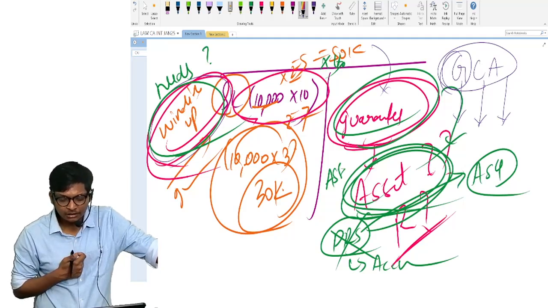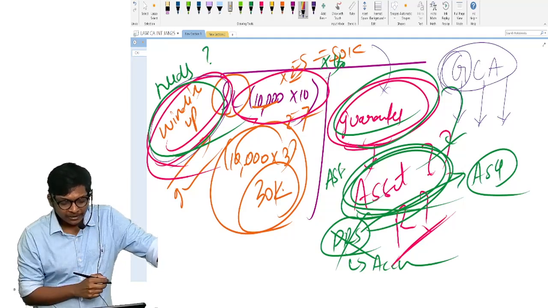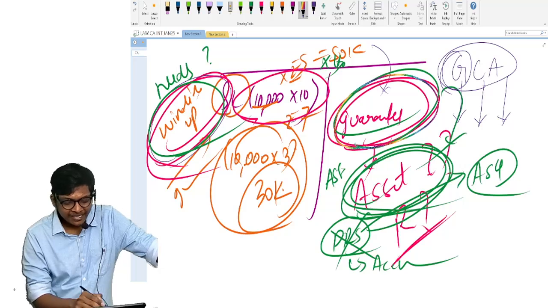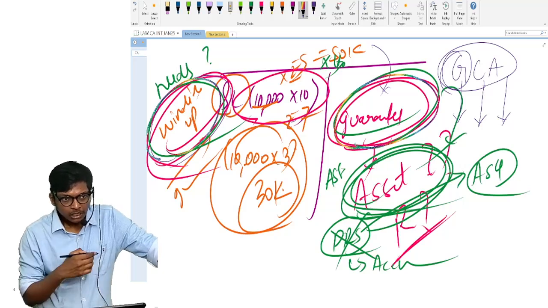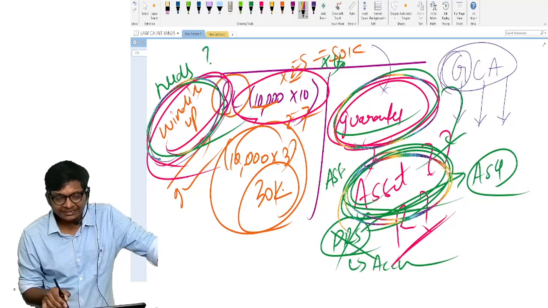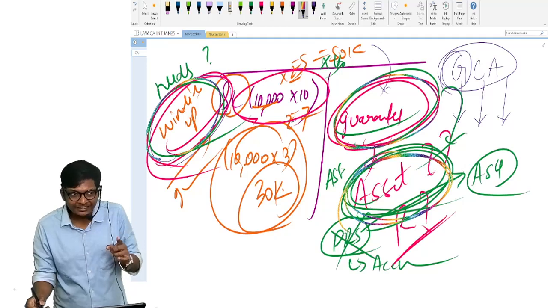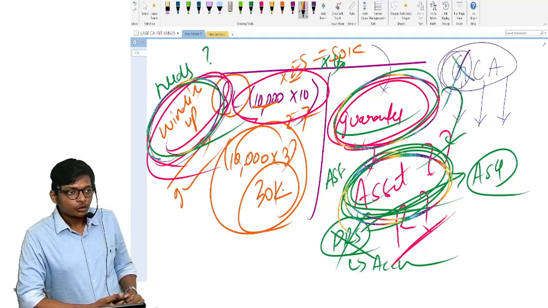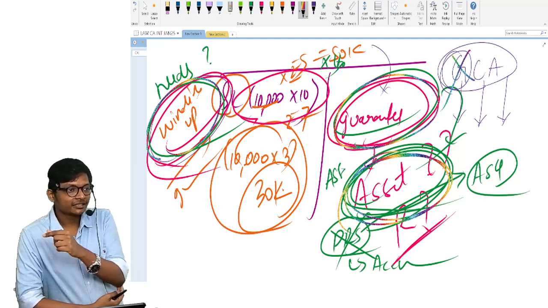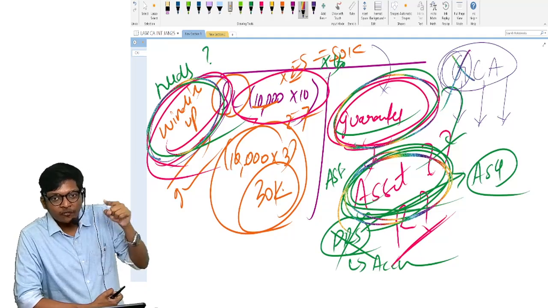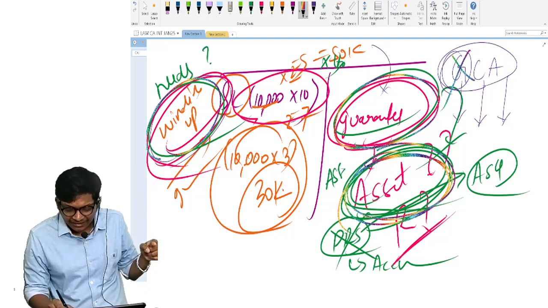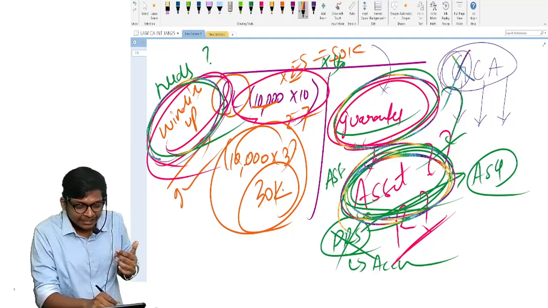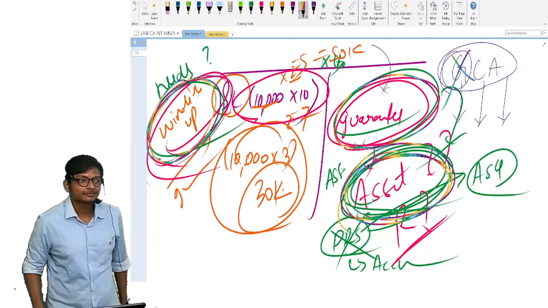Someone pointed out that the guarantee is paid at the time of winding up. If I show it as an asset, you are not following going concern, because going concern says the company will go on for the foreseeable future. If I show it as an asset, that means you are saying the company is going to wind up.